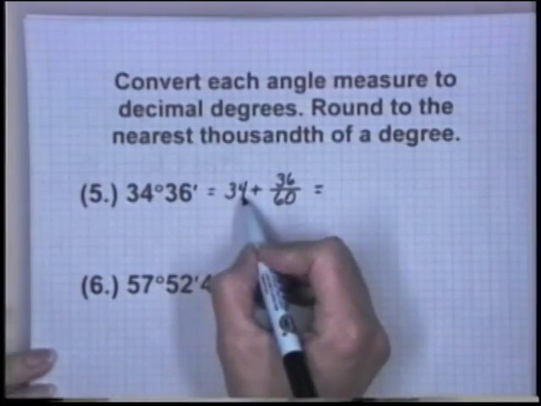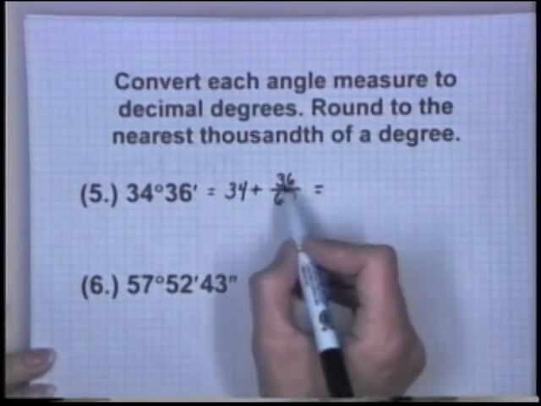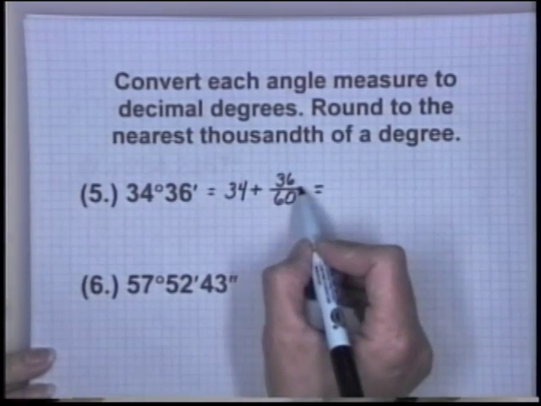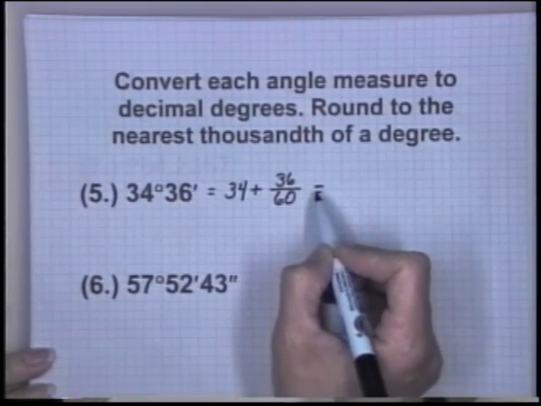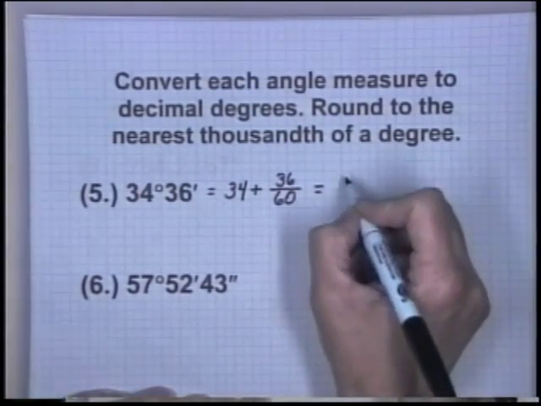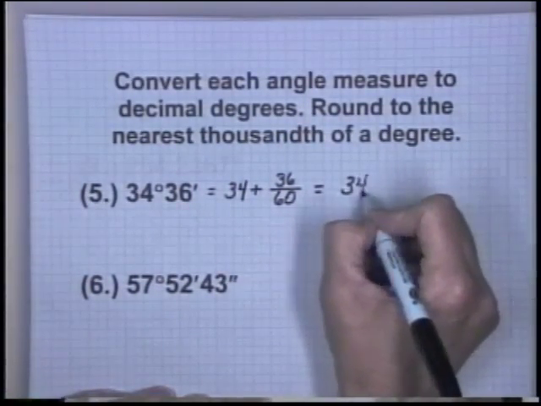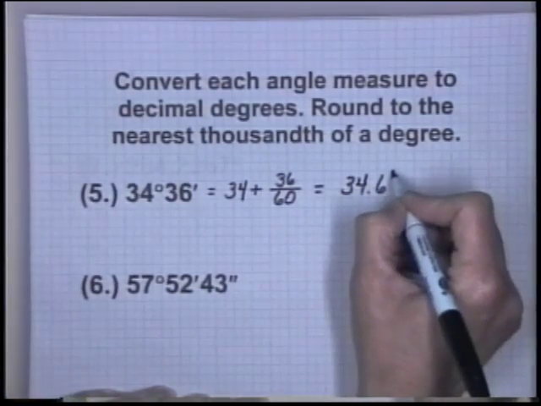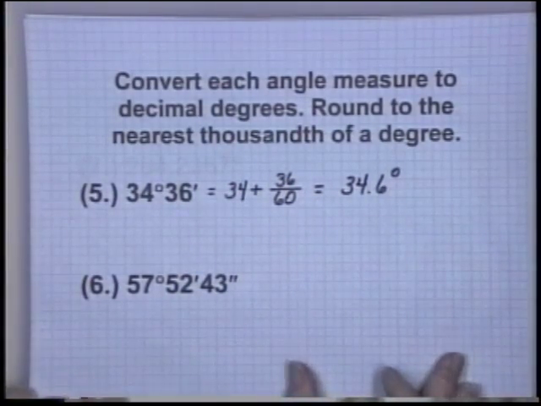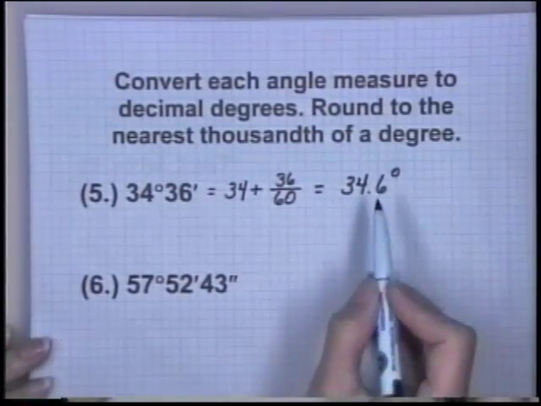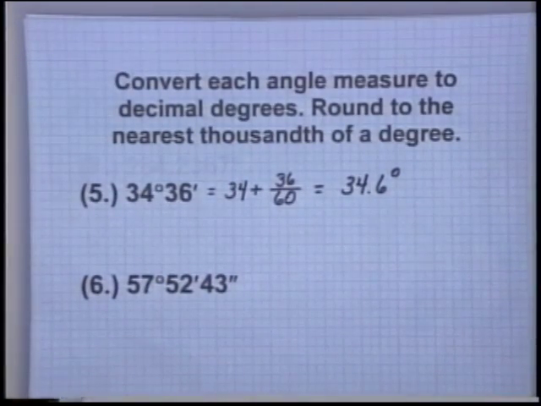We enter 34 plus 36 divided by 60 equals, and when we calculate it, we get 34 and 6/10 degrees. Now I know it says round to the nearest thousandth, but we'll just round to the nearest tenth here.